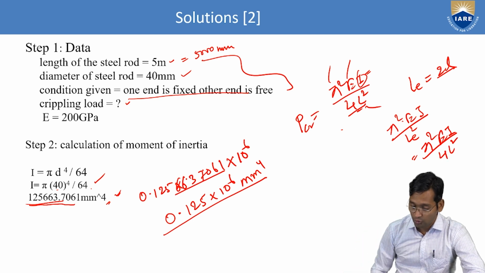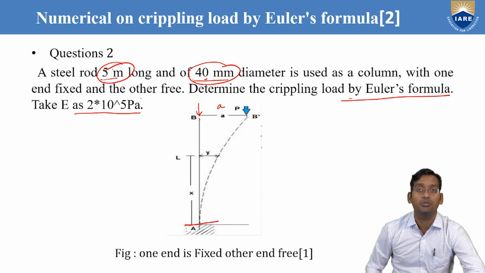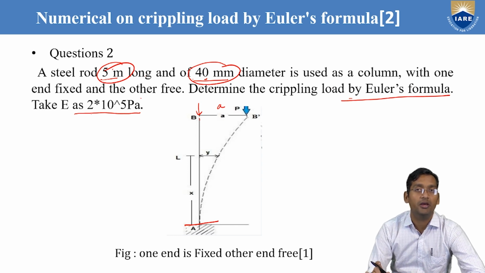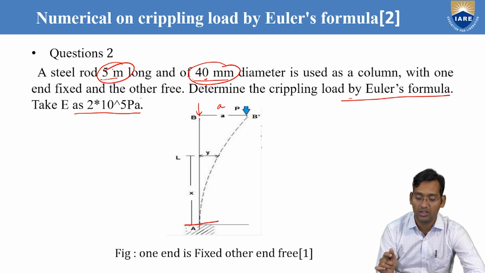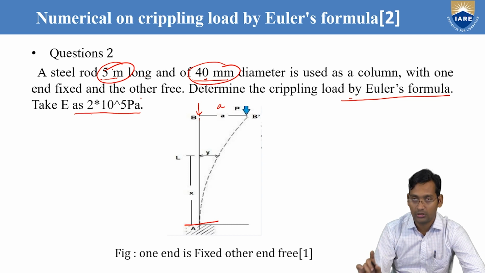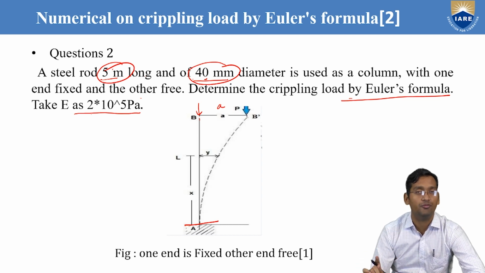So you have to see which condition is given. It's not simply like that. When a condition is given, it definitely has some meaning, and according to that the equivalent length will be taken. Don't get confused about the equivalent length and use the same formula.